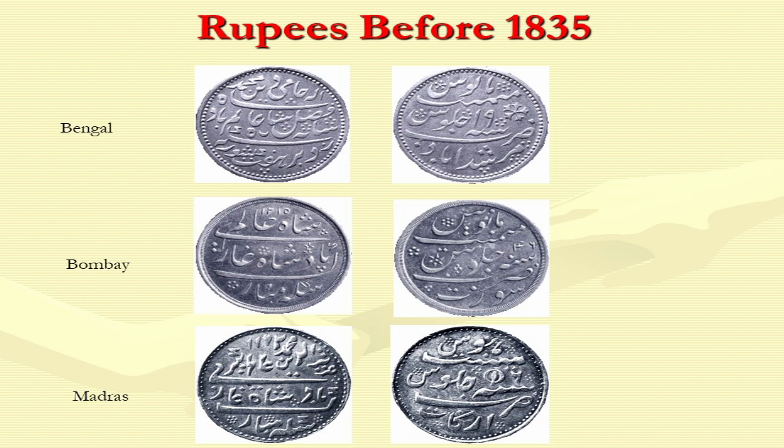And it wasn't very fair because actually the coins hadn't got worth very much less in terms of silver, but it was a good way for the bankers to make a profit.